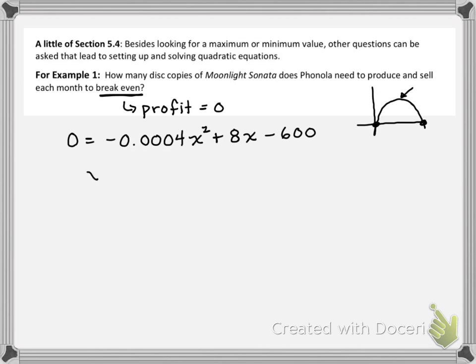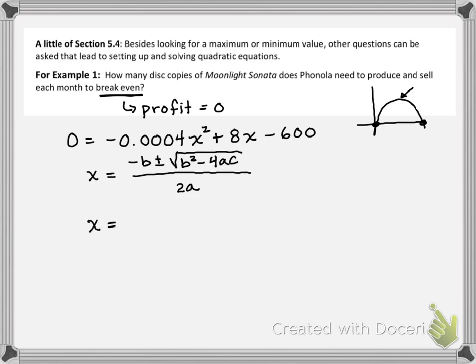So x is going to be equal to negative b plus or minus the square root of b squared minus 4ac all over 2a.